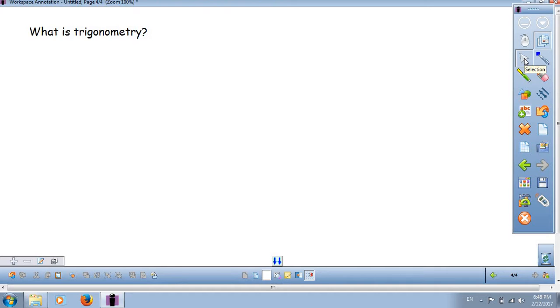In geometry, we already learned about triangles before. So what else is there to know about triangles? Well, triangles have 3 angles and 3 sides, and there are a lot of things that we learned about triangles already. For example, the heights of a triangle, medians, angle bisectors, perpendicular bisectors, just to name a few, right triangles, acute triangles, obtuse triangles, and different kinds of triangles.